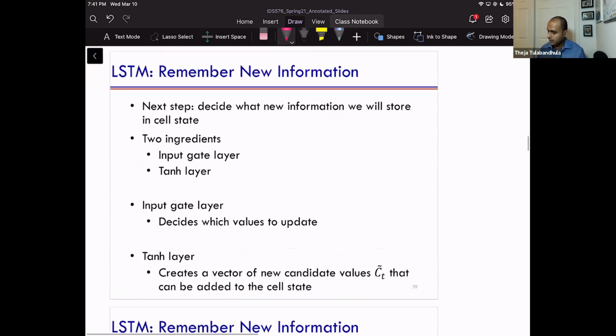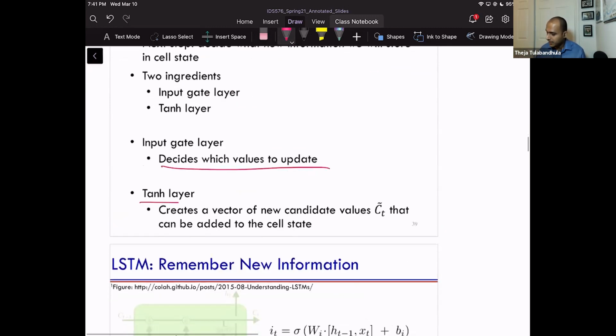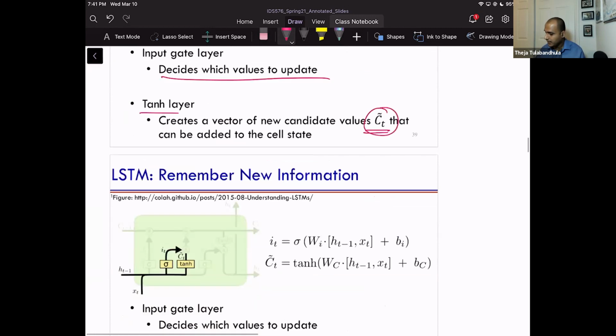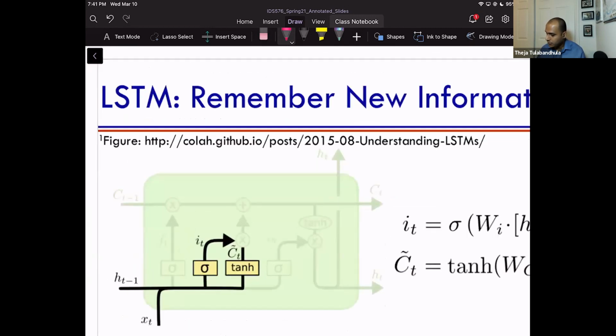Input gate decides which values to update. Tanh just creates a new candidate vector, which is C tilde t, that can be added to the cell state. So let's actually zoom in there. We have the usual previous hidden vector, ht minus 1, and the new input xt. We're going to concatenate them together.